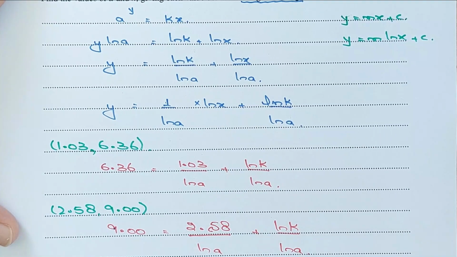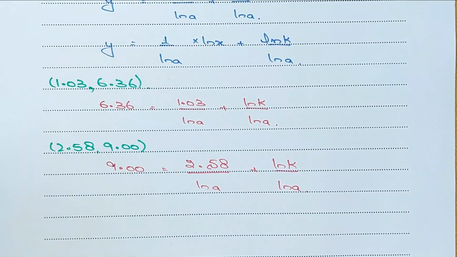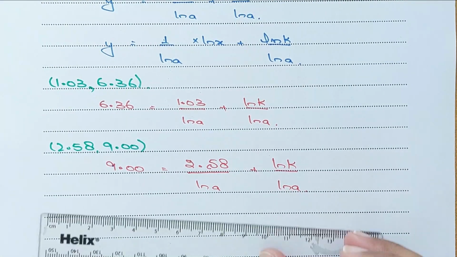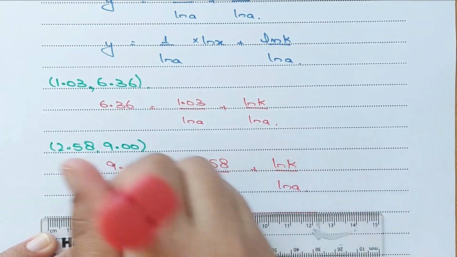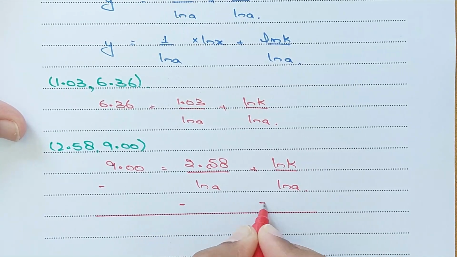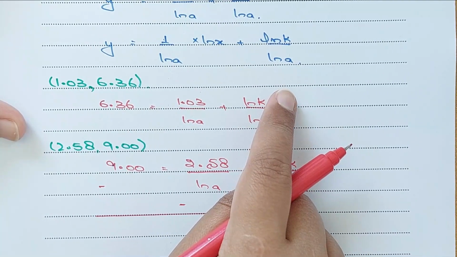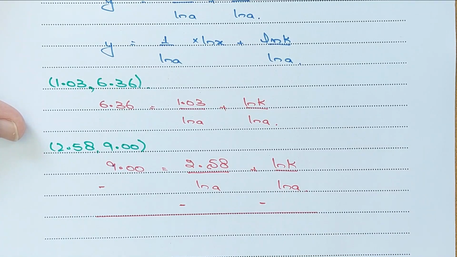So we have two equations. Let me subtract the two equations. We need to change the signs for subtraction. If we are subtracting the two equations, we have a negative sign, negative and negative over here. So ln k over ln a, positive and negative sign just cancel out.